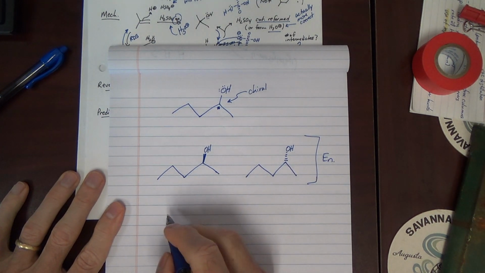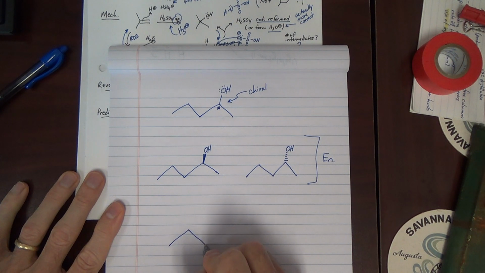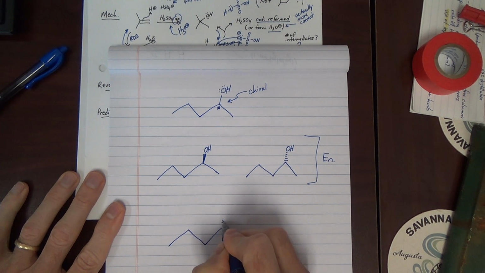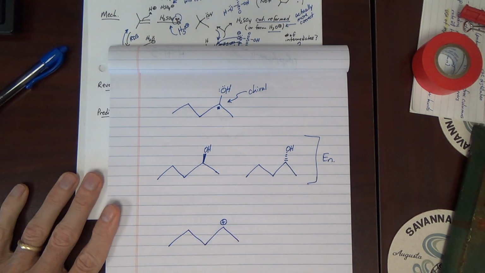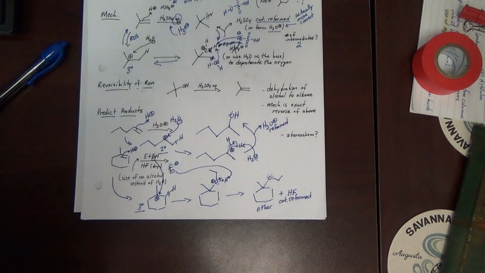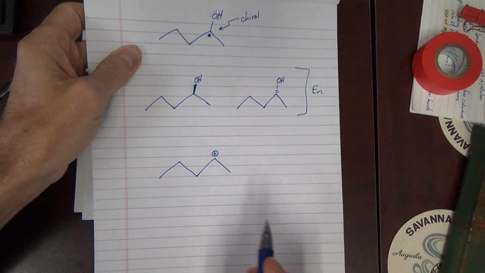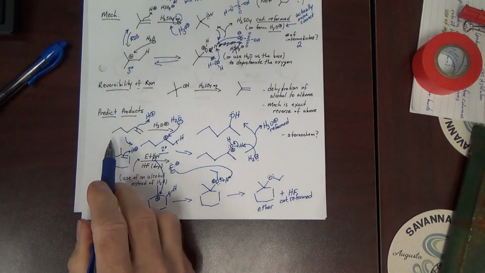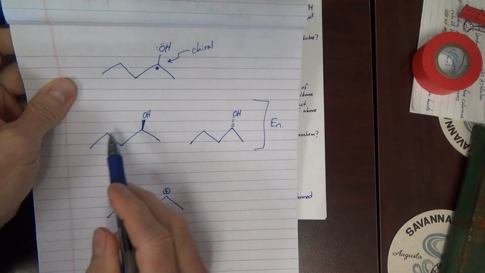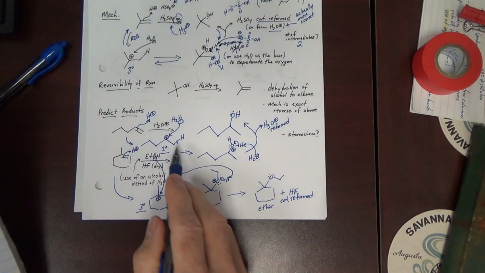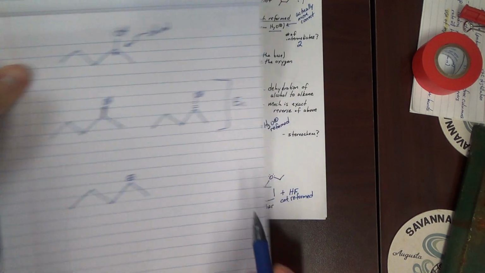And why? Well, let's go back to the carbocation. There it is right there, secondary carbocation. Right number of carbons? Yes, 5 carbons, secondary. Okay. It's just that H is not there. You gotta be careful.